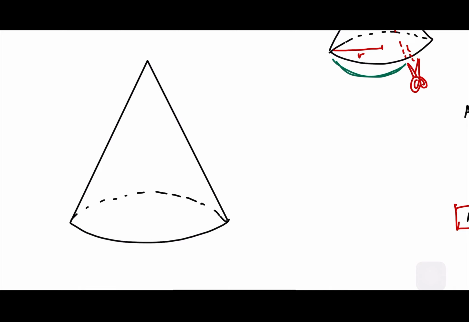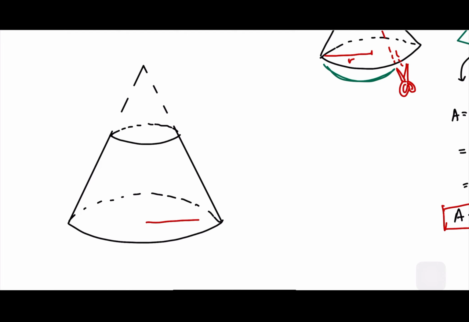Let's imagine we cut the cone and we are going to evaluate this part. Let's name some variables. We have radius, let's say the radius 2, and this will be radius 1.